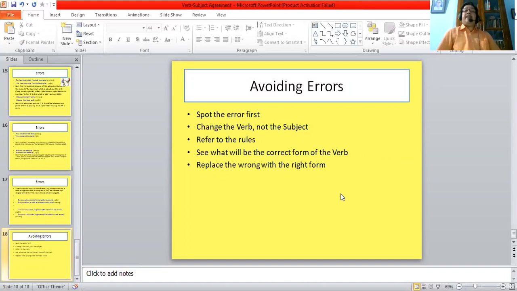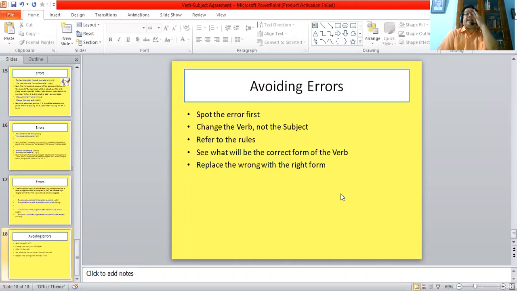Try to remember them and also the exceptions, and practice them with the help of examples. Once you have internalized the rules and exceptions and you are able to practice and get it correct, then you are on fairly safe ground. See what is the correct form and then replace the wrong one with the correct one.